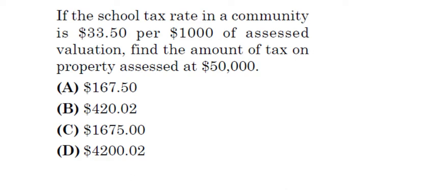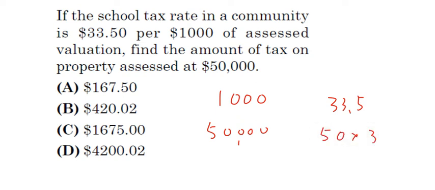Okay, so here let's say if 1,000 you need to pay so much. If there's 50,000, how much should you pay? So we just regard 1,000 as 1, so this is just 50. So just 50 multiply this, right?